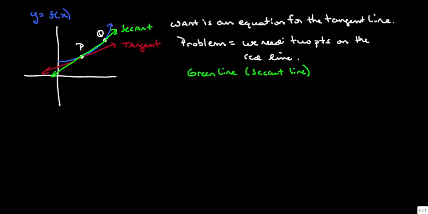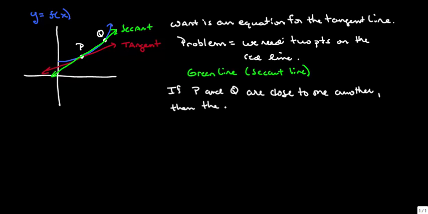It's not the tangent line. Notice the green line is obviously not the red line, so we'll call this a secant. But, and here's the important part, if P and Q are really close to one another, then the secant line is a good approximation of the tangent.